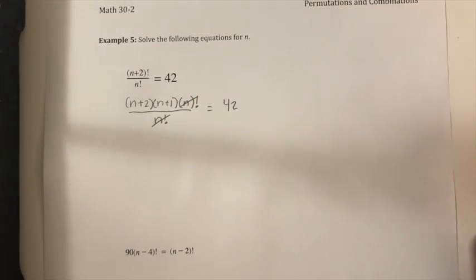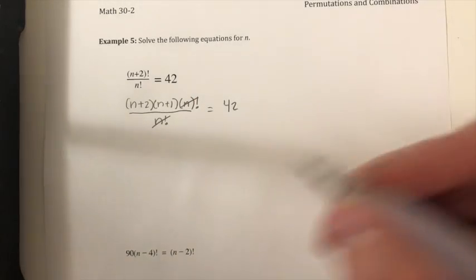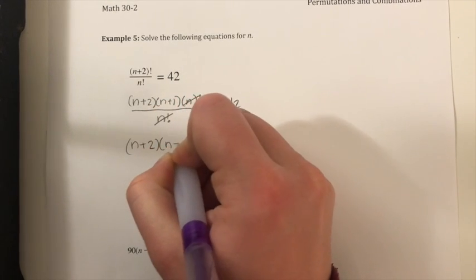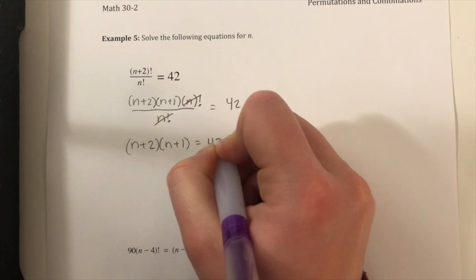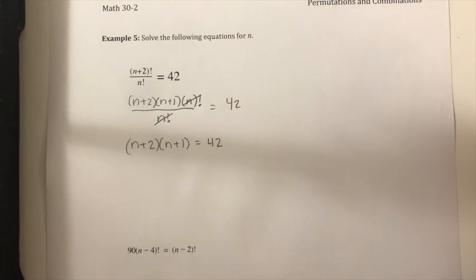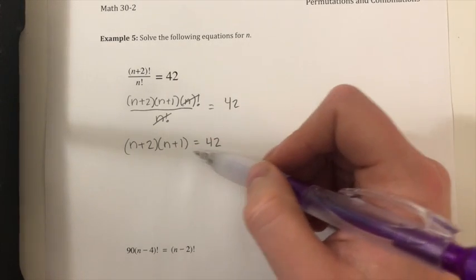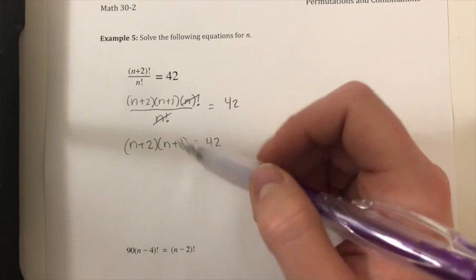My n factorials are going to cancel. And so now I'm left with n plus 2 times n plus 1 is equal to 42. To solve for what n is, we have to FOIL it out, collect all of our like terms, and then factor again.